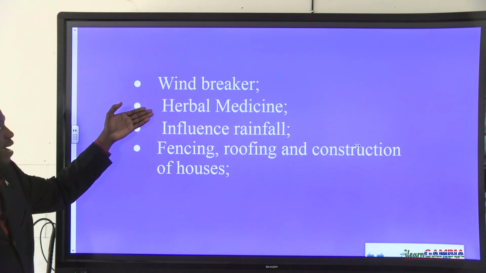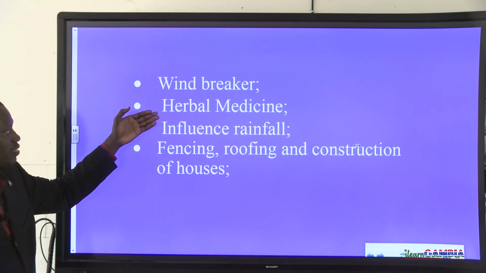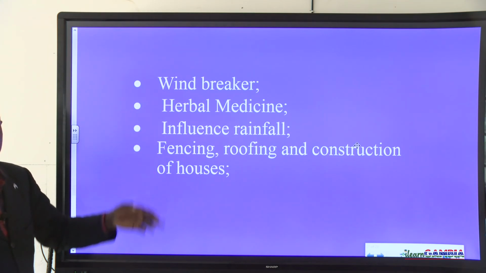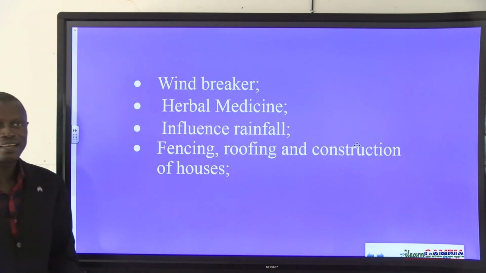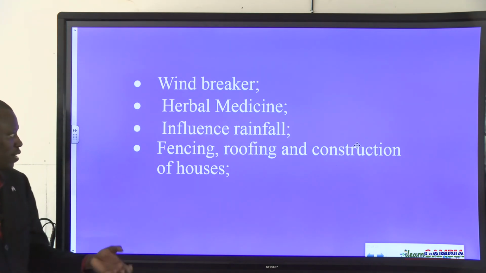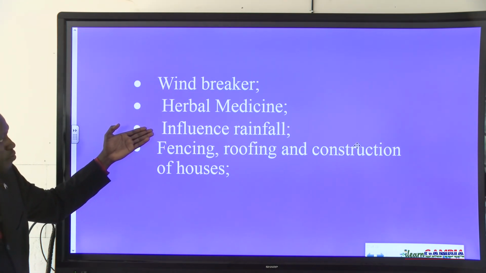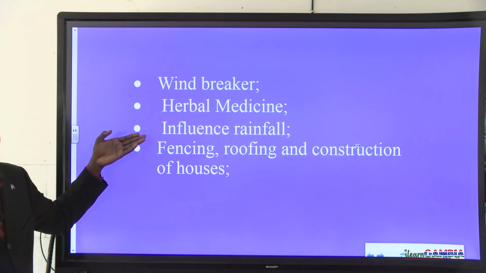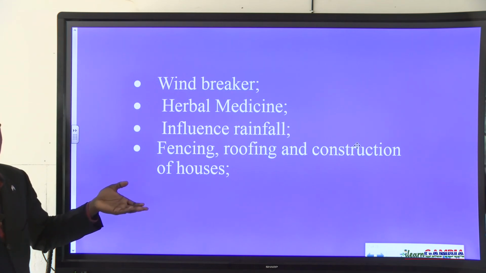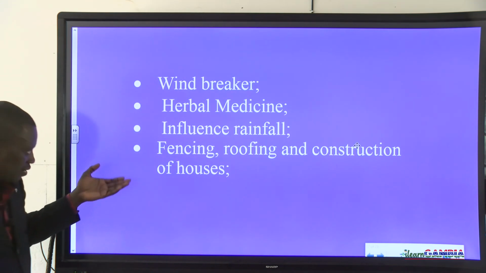And where there are many trees, herbal medicine is also made available. Next is where there is a forest or there are forests, obviously it will influence rainfall. It is expected that that particular place will get more downpour of rain. It will get rainfall as expected.